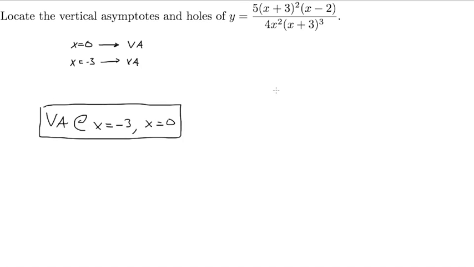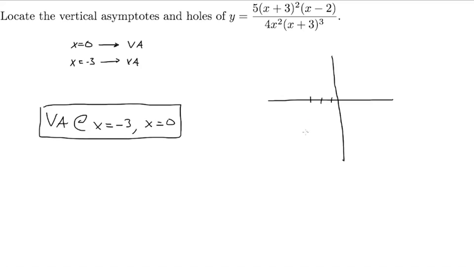Now just a side note, we're going to return to this idea when we get to the very end of this section. We're going to talk about sketching the graphs of rational functions. And once again, it's an honest-to-goodness sketch. So what we would do here is we want to talk about what's happening at x equals negative 3 and x equals 0. So I'm going to mark out 1, 2, 3. So that's about the location of x equals negative 3.